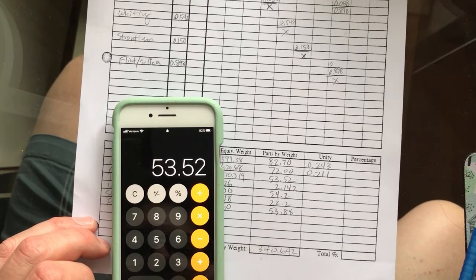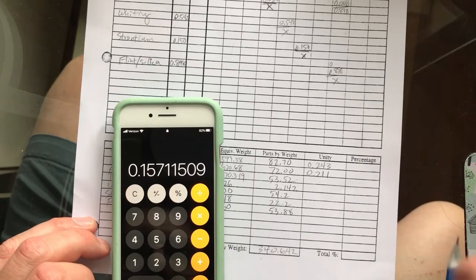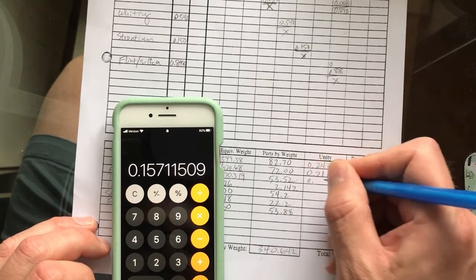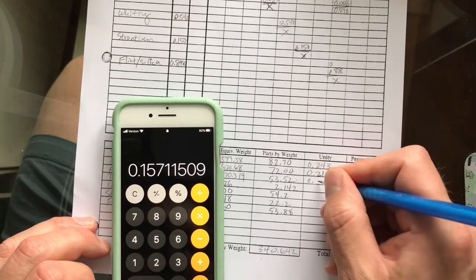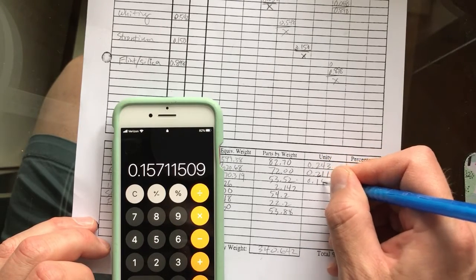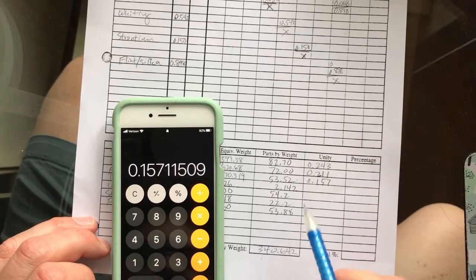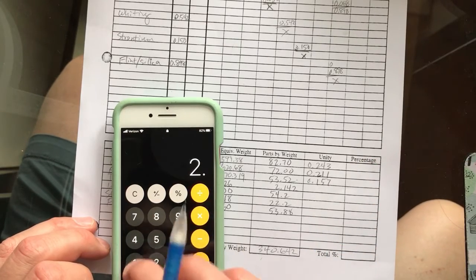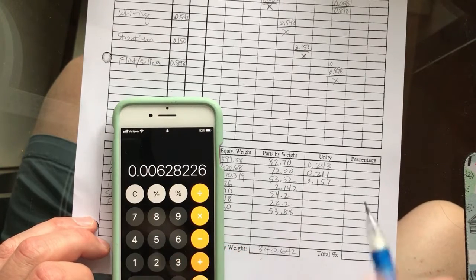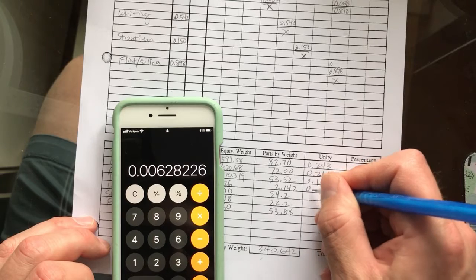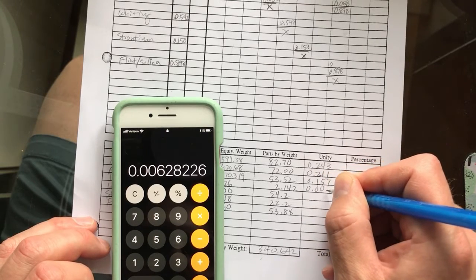53.52 divided by 340.642 is 0.157. 2.142 divided by 340.642 is 0.006.